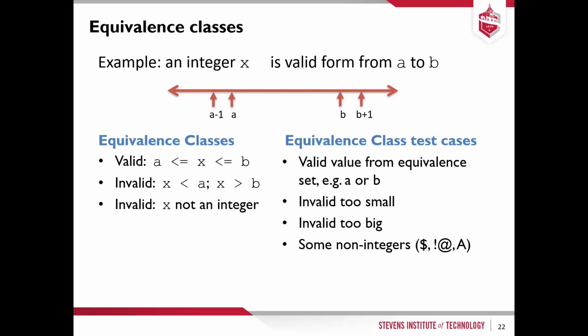Instead of between 3 to 7, I have 4, I can check 5 as well. The invalid would be it's not an integer. For the equivalent, it can be it's too small, it's too big. So some non-integer, maybe a string, where instead of the number 4, I type FOUR.